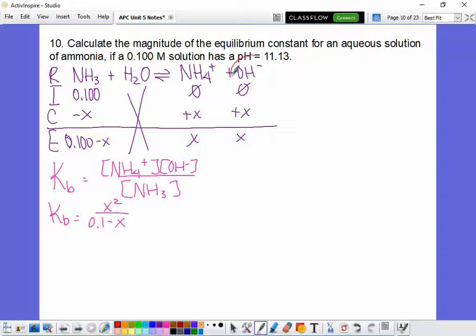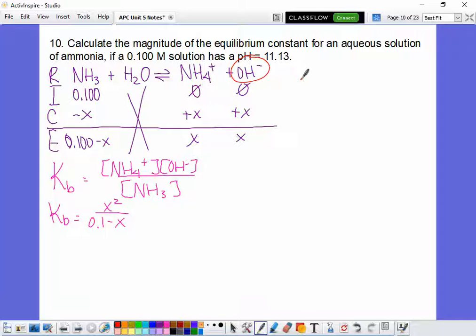I need to find OH minus concentration, because that's going to be my X. So find pOH and then find OH minus concentration. All of your weak acid, weak base reactions will have either H3O plus or OH minus as a product, and your pH will get you to those, or those will get you to your pH. Always.